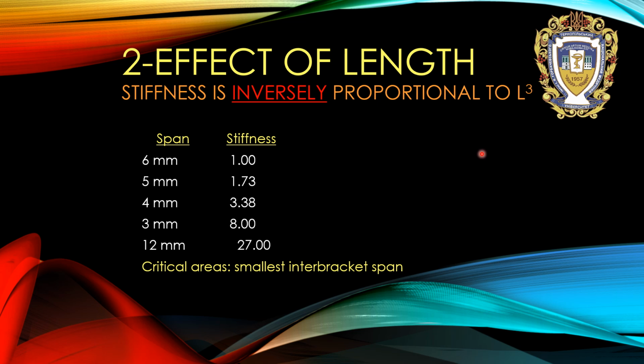If we take an archwire or metal length of 6 mm and take it as 1, if we increase the length 2 times, stiffness will change 27 times. Stiffness is inversely proportional.